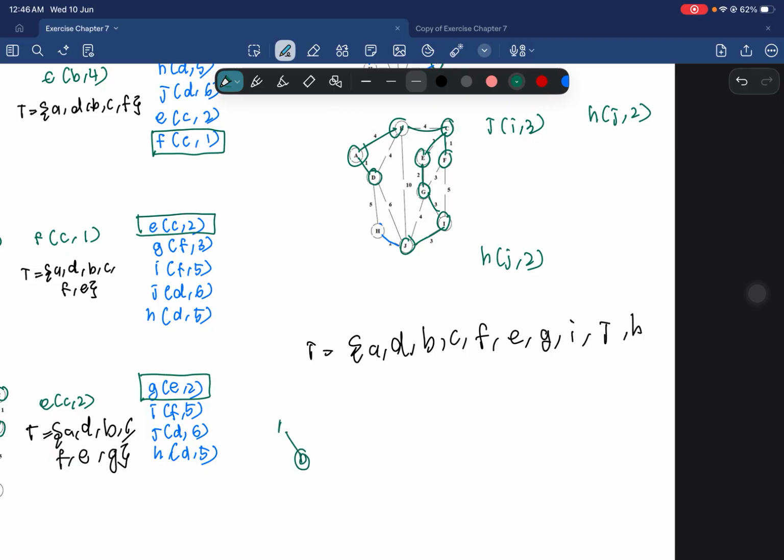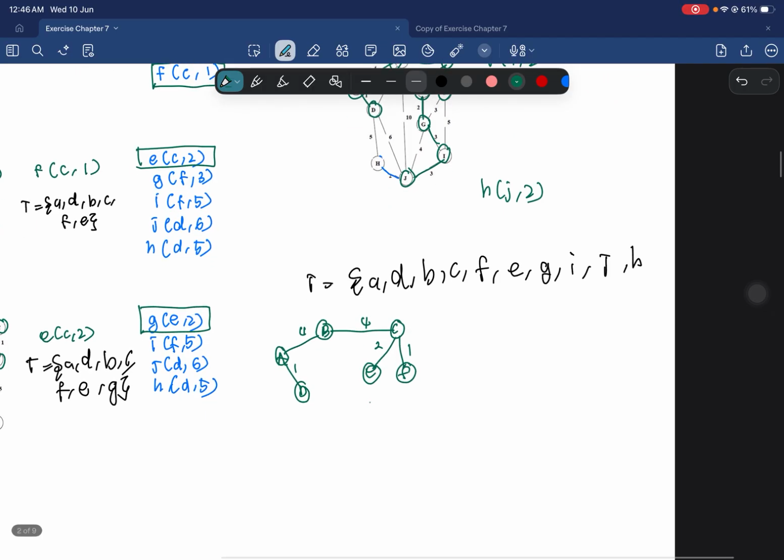D connected to A by 1, connected to B by 4, connected to C by 4, connected to E by 2, connected to F by 1, connected to G by 2, connected to I by 3, connected to J by 3, and connected to H by 2.